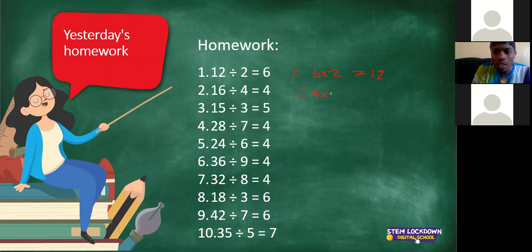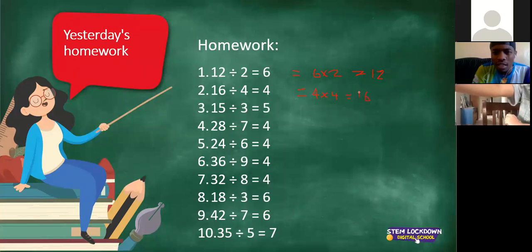What's 4 plus 4 plus 4 plus 4? Basically 4 multiplied 4 times is 16. So that's how in division you check your answer. You look here: 3 times 5 is 15. 7 times 4 is 28. But that's to check your answer.